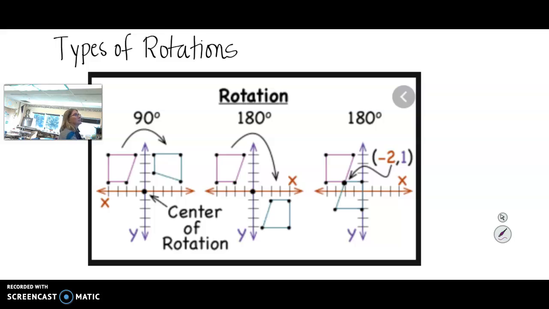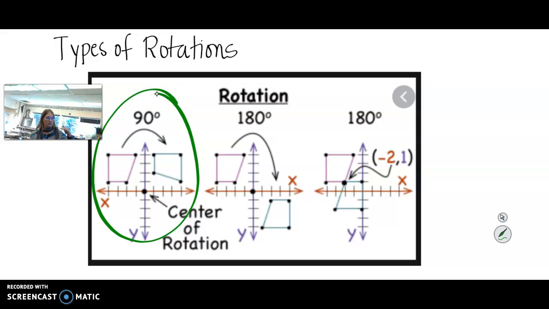If you look at this first graph here, it's a 90-degree rotation clockwise with the center of rotation at the origin. It would look like that. So you're just taking the whole figure and moving it over like on a clock, 90 degrees. And a 180-degree rotation looks like this here.